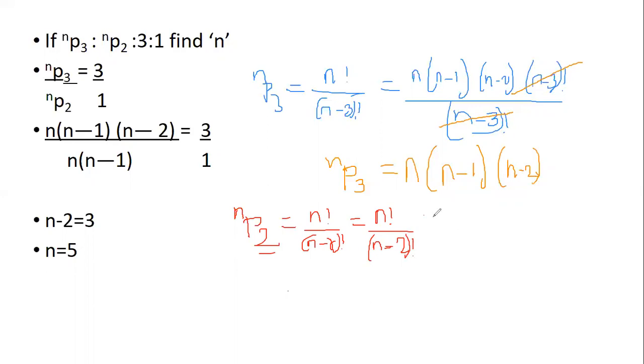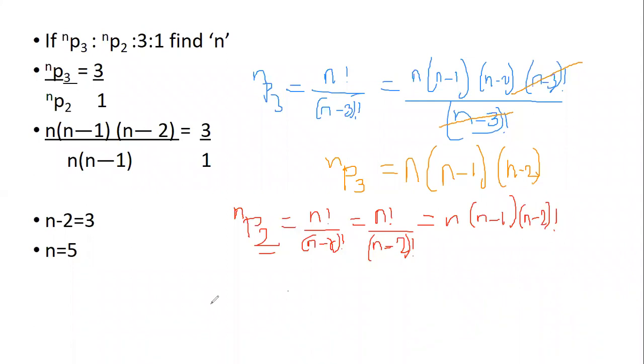Okay. Now, going on further, let us expand it. Good, Sindhu. So, n into n minus 1 into n minus 2 factorial.